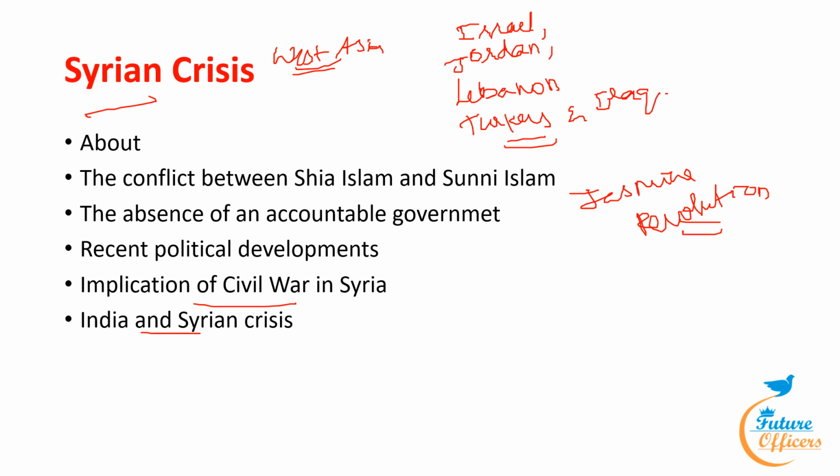India was forced to withdraw its oil investments in Syria as a result of the Syrian crisis. Even though Syria is not India's main energy supplier, India still places a high value on the political stability of the entire West Asian region. Given that over 7 million Indians are employed in these nations, India should prioritize maintaining regional stability here.